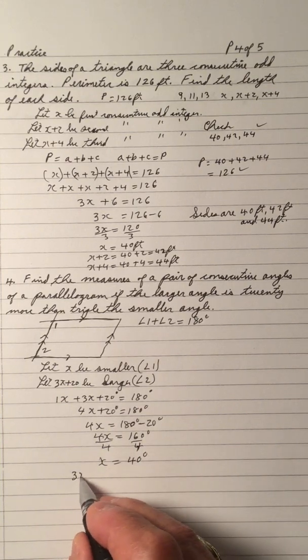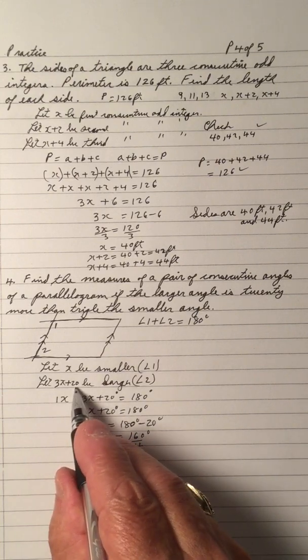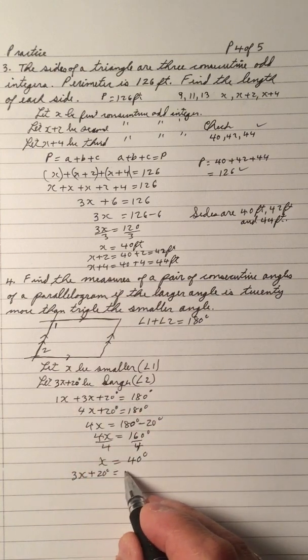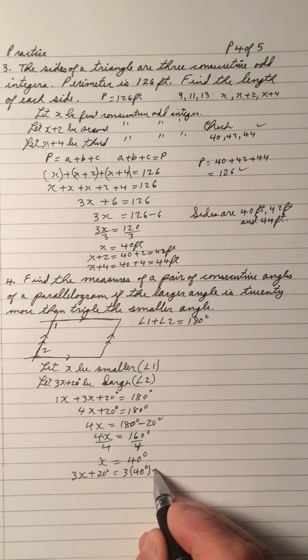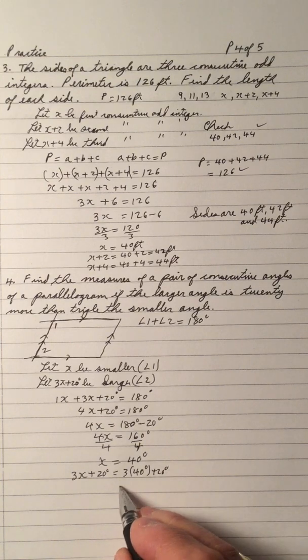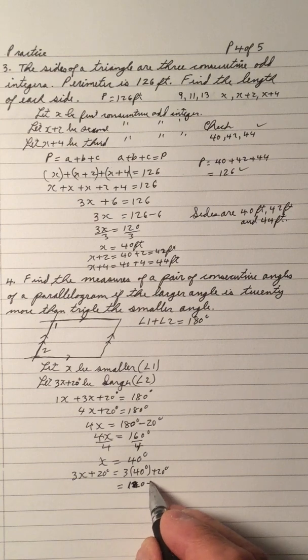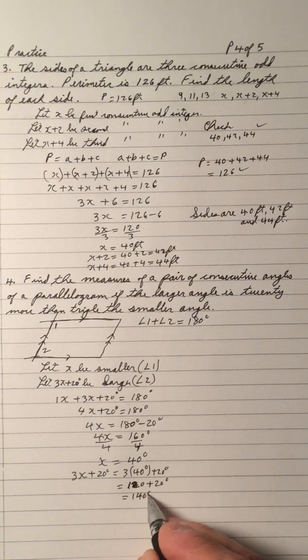And 3x plus 20 is the other angle. 3x plus 20 degrees is 3 times 40 plus 20, and that gives me 120. Oh, I almost multiplied wrong then. 120 plus 20, it gives me 140.